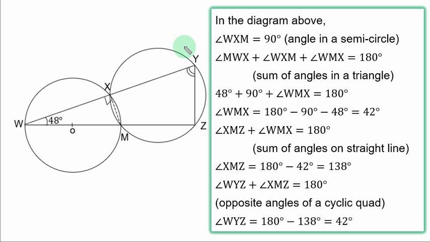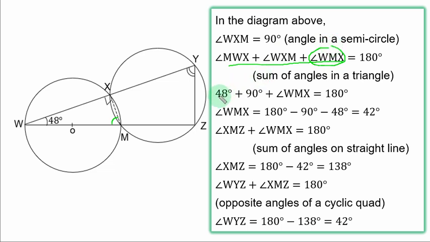The solution continues. I've already explained the adjustments in the diagram. First, we have to get this angle. If you add all the angles in the triangle, it is equal to 180. We are interested in WMS. That is this angle.